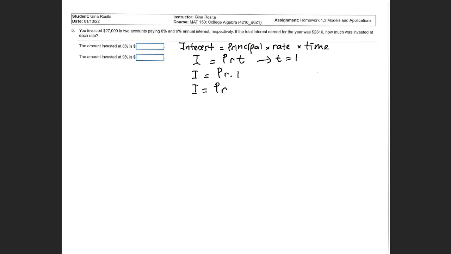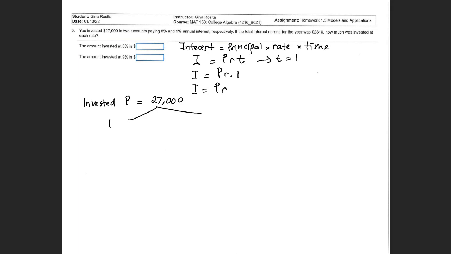Now, they said they had two accounts. So P equal 27,000 invested, and there are two accounts.